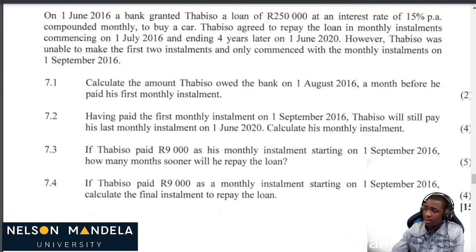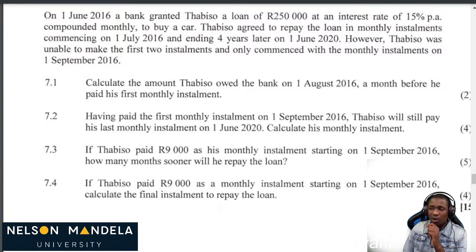All right. On question 7, let's read together. On 1st June 2016, a bank granted Thabiso a loan of 250,000 at an interest rate of 15% per annum, compounded monthly.